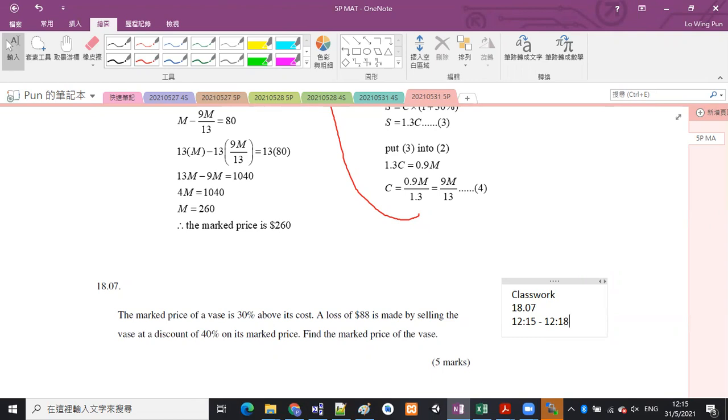Please try. And have you set up the equation?